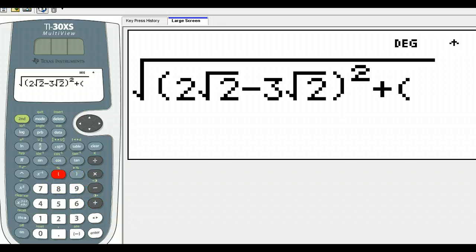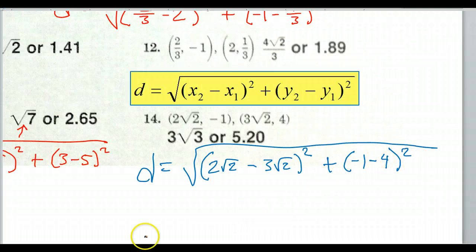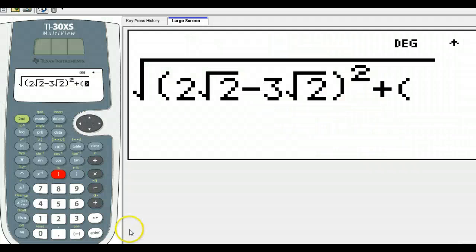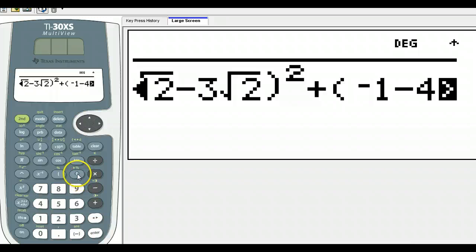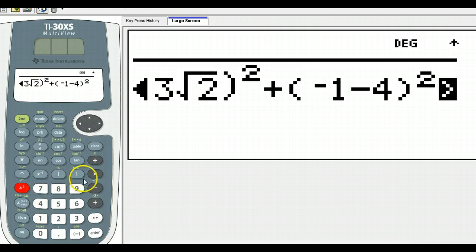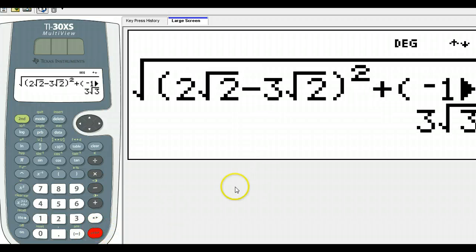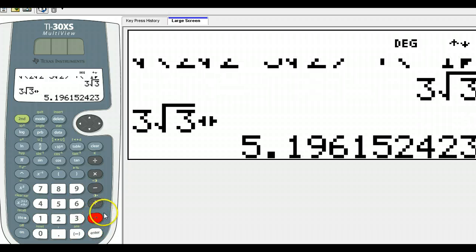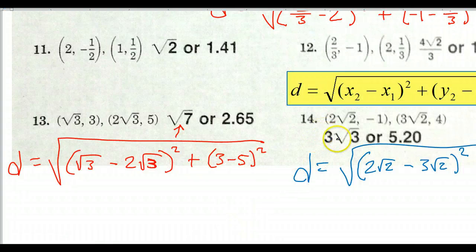Plus, open parentheses, negative 1 minus 4, close parentheses, squared. So that's how you type it into your calculator. And 3 radical 3, which has a decimal, is 5.20. So that's how we're getting 3 radical 3 or 5.20.